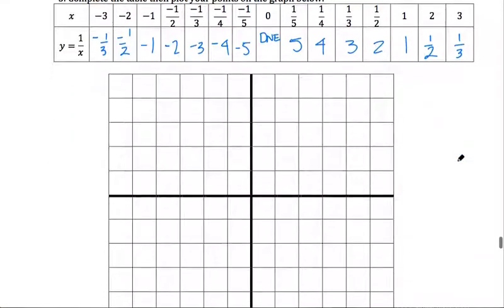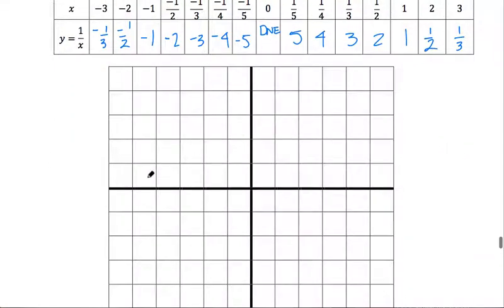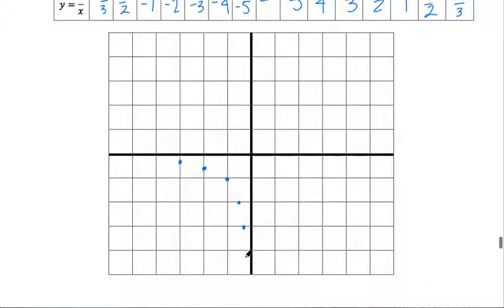So we start to graph those points down below. We go over to -3, and that's at -1/3, so call it about there. -2 is at -1/2, so about there. -1, -1 right there. And then -1/2 should give us -2. Move that over a little bit. And -1/3 will give us -3. -1/4 will give us -4, and now it's really splitting hairs here, but something about like that.